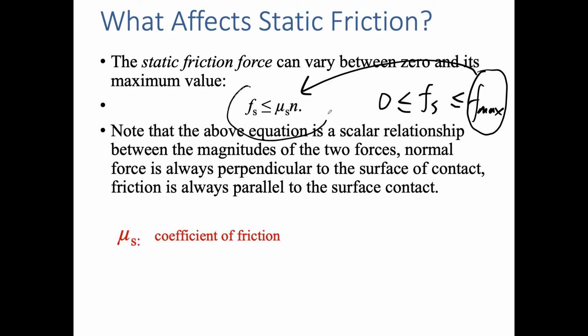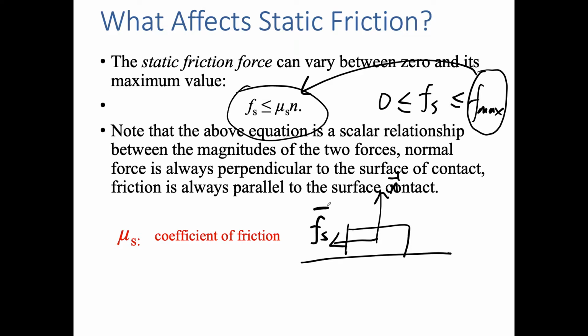And this is not a vector relation. So if this is our table, this is our book, this is the normal force perpendicular to the table, and the friction is parallel to the surface.